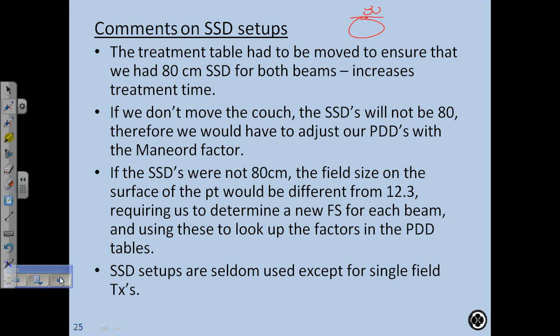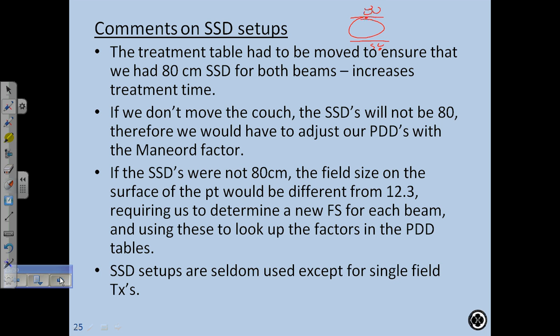If you use nothing else, your patient's 22 centimeters thick plus the table, so your SSD is 58. So as I come around, my SSD at this point will be 58. We don't want an SSD of 58 because we don't have PDD tables for that. We want an SSD of 80. So what do we do? Check the table. Bring the table up 22 cm and then treat.